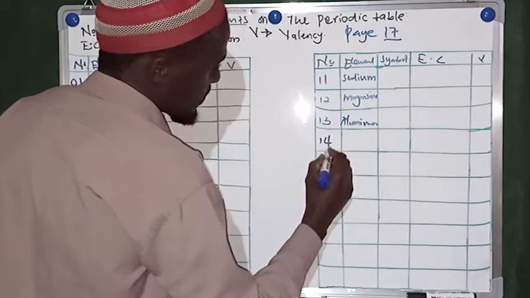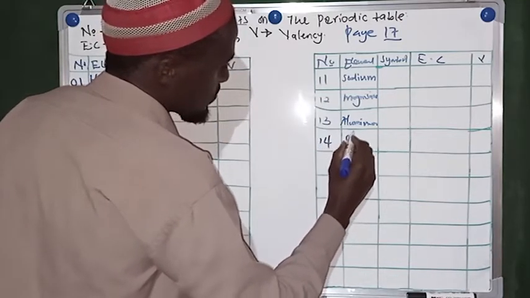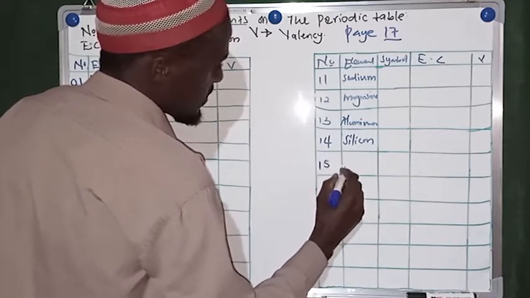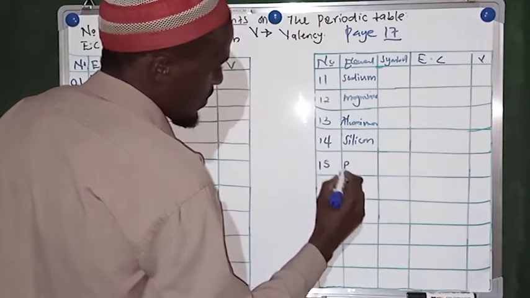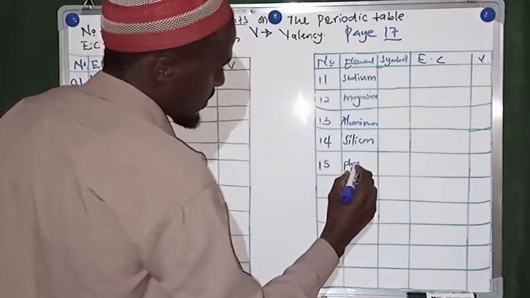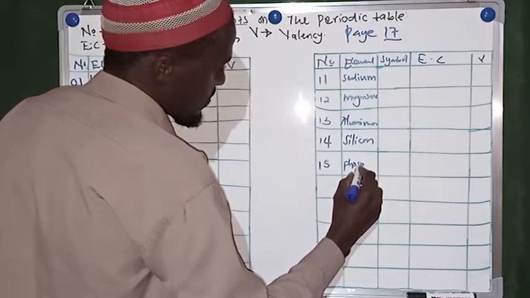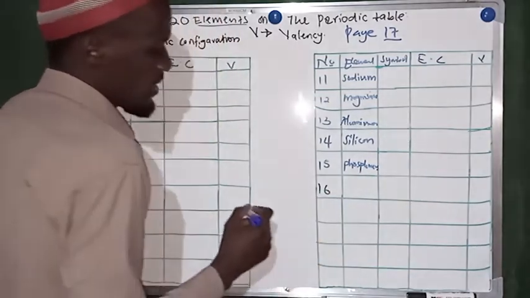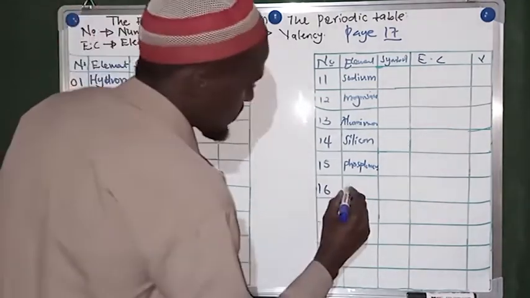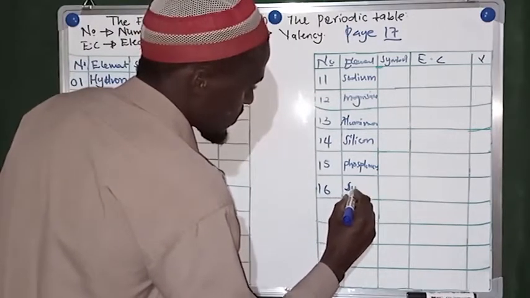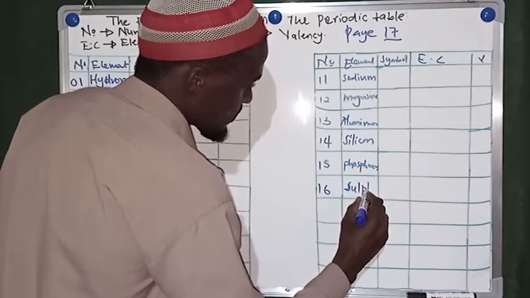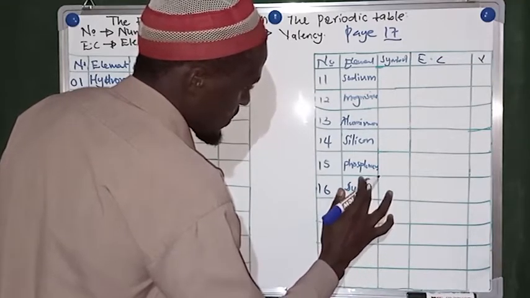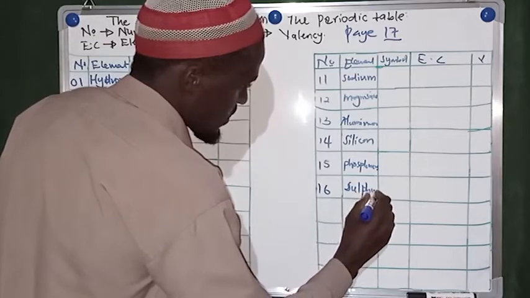Number 14 is silicon. Number 15 is what you call phosphorus. Number 16 is what we call sulfur. Some people write it like this.